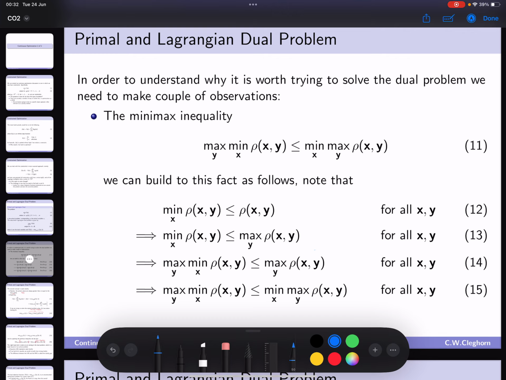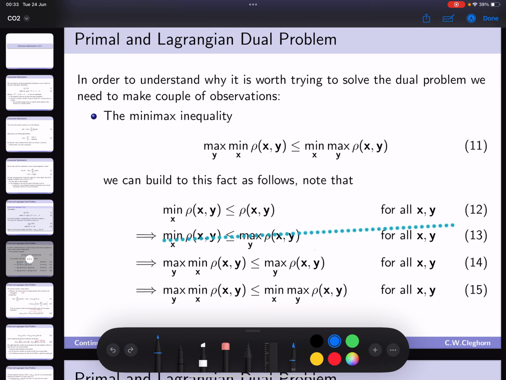The whole point of this ordering is which elements of our function, which parts of this input, we are dropping when we do a minimization or a maximization. You can build out this fact as follows. Let's start with our function rho. Firstly, if I take the minimum of the function with respect to x, that's always going to be less than or equal to the output of the function at all other points.